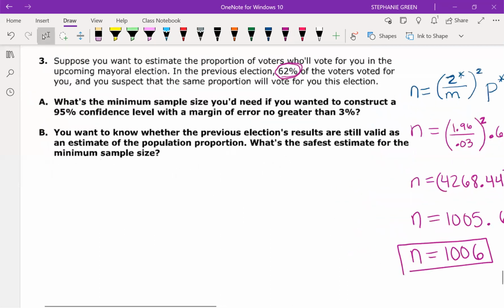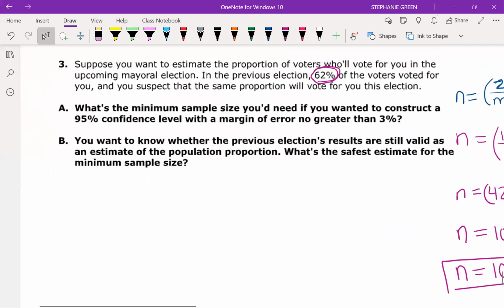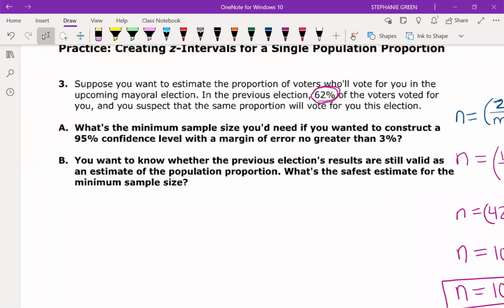Part B, you want to know whether the previous election's results were still valid as an estimate of the population proportion. What's the safest estimate for the minimum sample size? So in other words, in this part, we don't want to use this 62% anymore. Instead, we want to be as conservative as possible.